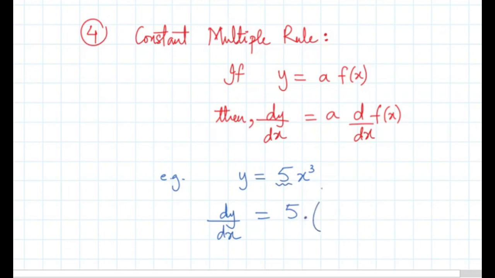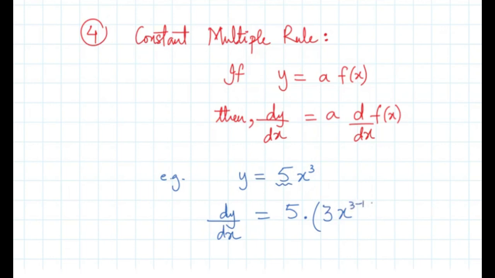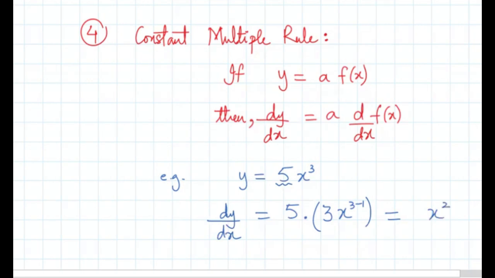Now you're going to apply power rule for differentiating x cubed. So the power is 3, that becomes the coefficient of x. And then you subtract 1 from the power, 3 minus 1. So this becomes 3 minus 1 becomes 2, so x squared. And 5 multiplies with the 3 inside, so this becomes 15.